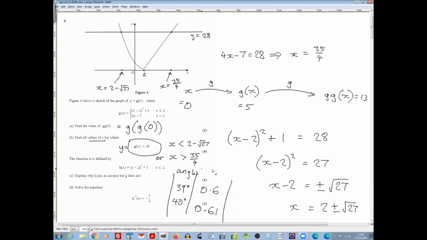To get from the angle to the sine ratio is sine of whatever the angle is. To get from the sine ratio to the angle is the inverse of that. It's just going backwards. It's nothing to do with the reciprocal, though.